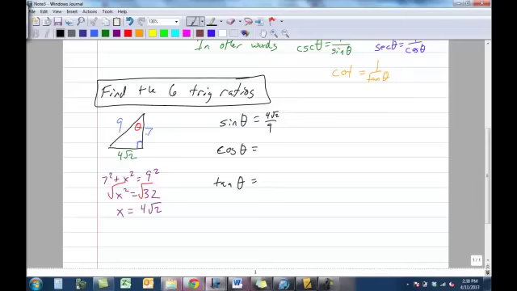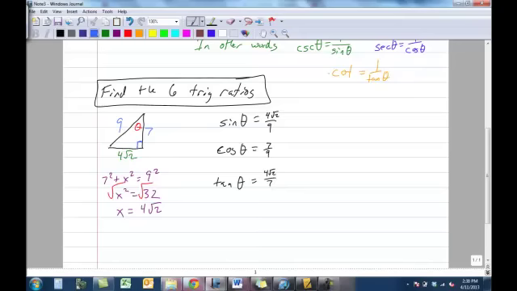Cosine is the adjacent. Adjacent is next to the angle, so it would be 7 divided by 9. And tangent is opposite divided by adjacent, so it would be 4 root 2 divided by 7. Right? Those 3 are simple enough.